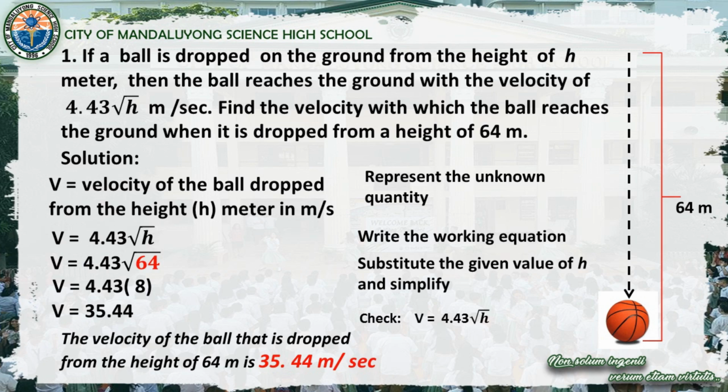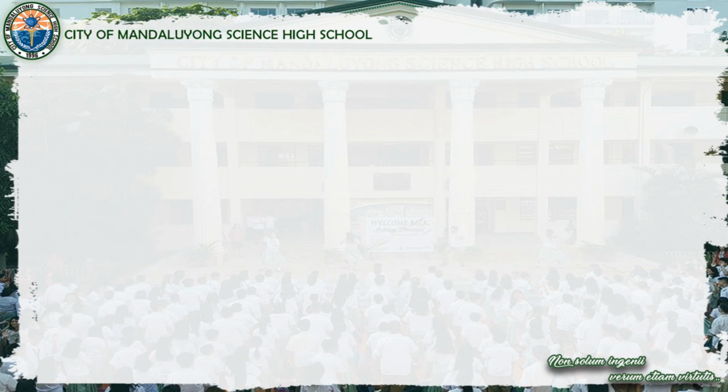Just simply substitute V with 35.44, and on the right side substitute h with 64, and extracting the square root of 64, we obtain 8, and multiplying 8 by 4.43, we obtain 35.44, and that is equal to 35.44 at the left, which is the velocity. Okay. Our last problem.